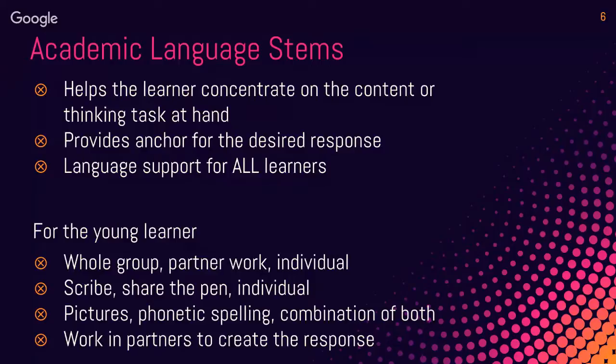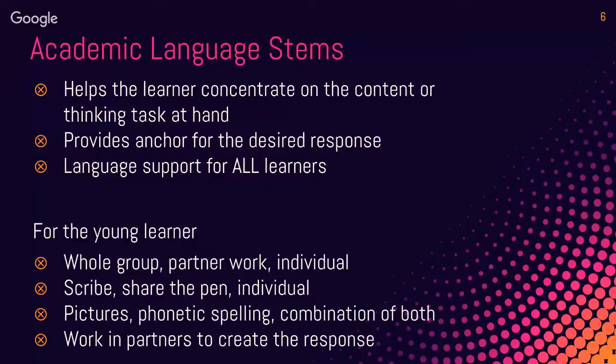When I talk about the young learner, we're also talking about modeling these strategies before even releasing them to our kids. So we talk about whole group, maybe then moving into group work or partner work, and then starting to release it when the kids are ready to take on the task of the strategy.